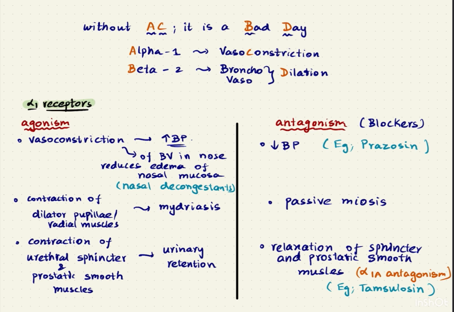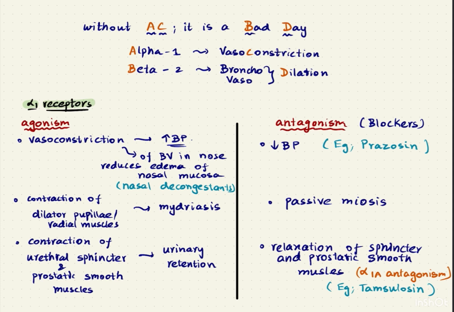This property is being used in various nasal decongestants. We have nasal decongestants like oxymetazoline and xylometazoline, which produce vasoconstriction of the blood vessels in the nose and thereby help in reducing edema of the nasal mucosa by stimulation of alpha 1 receptors.